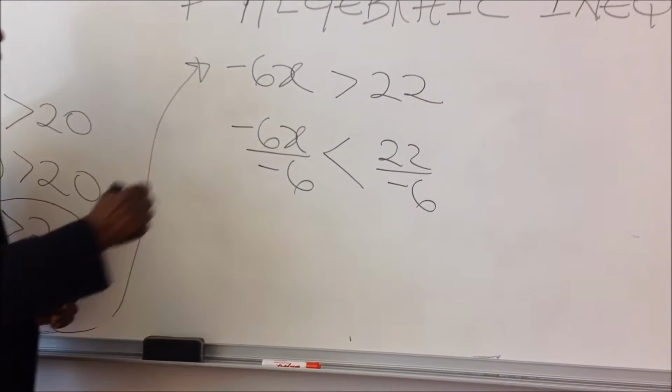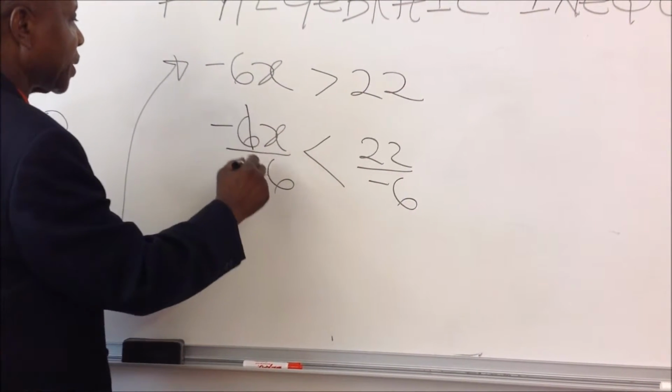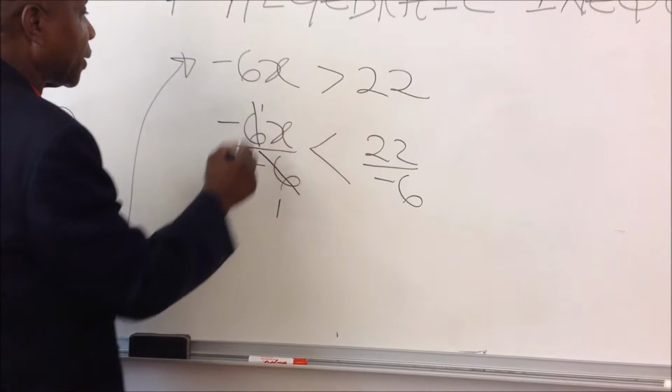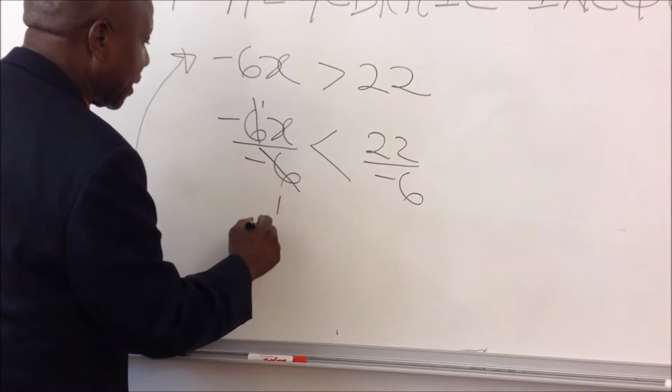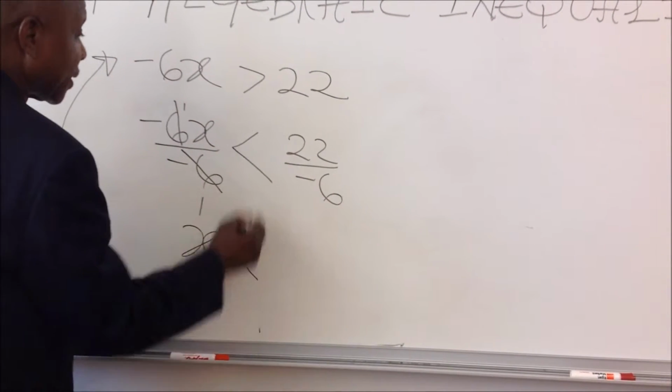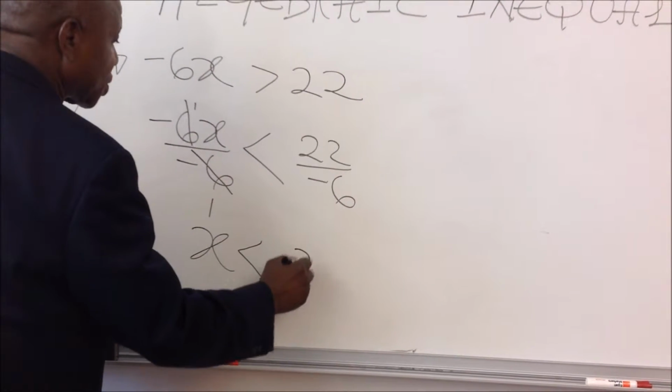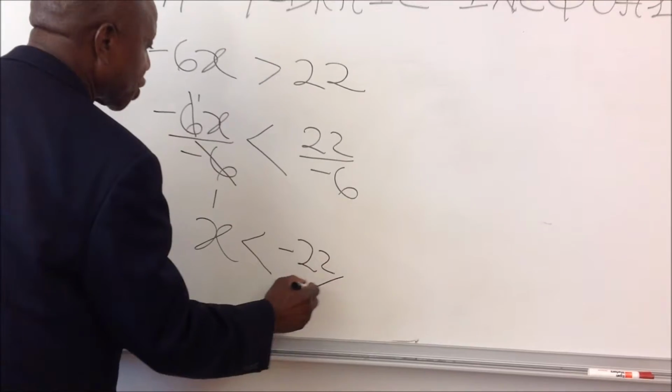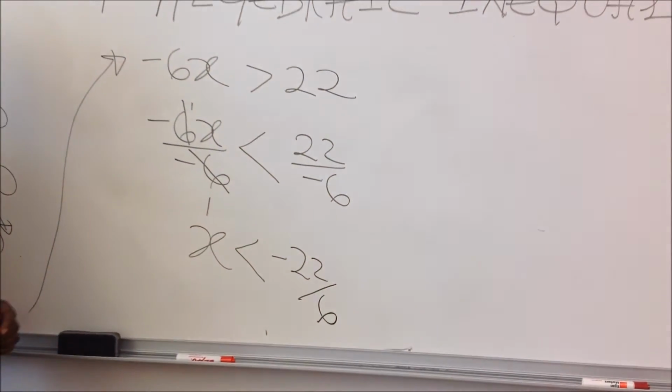So we can now cancel out the negative 6, and we obtain x is less than negative 22 over 6.